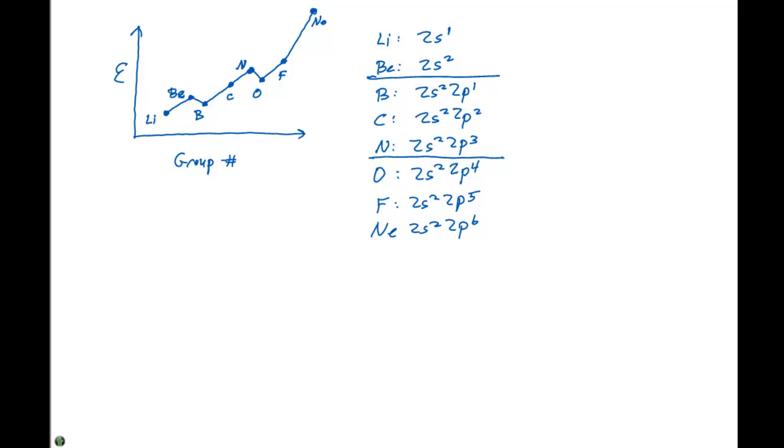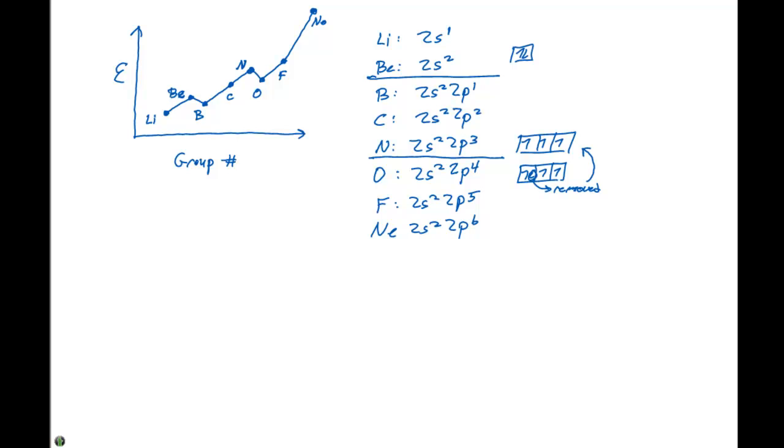So the reason these gaps are here is because we find stability from a completely filled orbital, or in the case of nitrogen, a half-filled orbital. So it's a little bit more stable, and when we remove one of the electrons from oxygen, we now attain an electron configuration that gives a half-filled orbital.